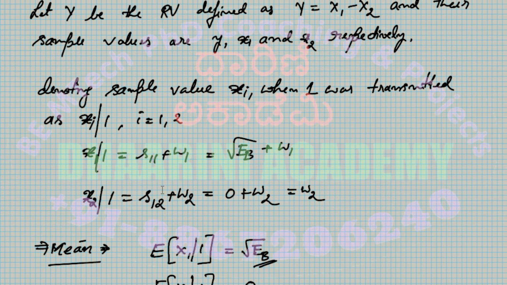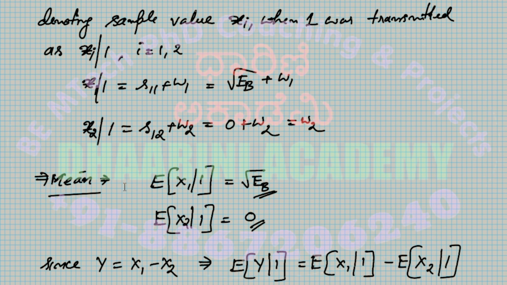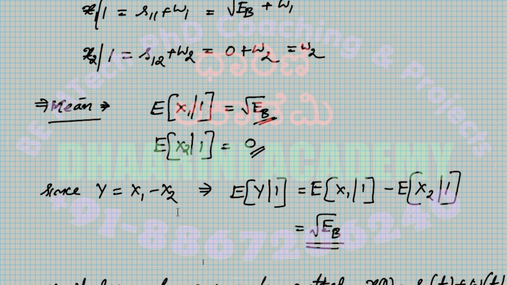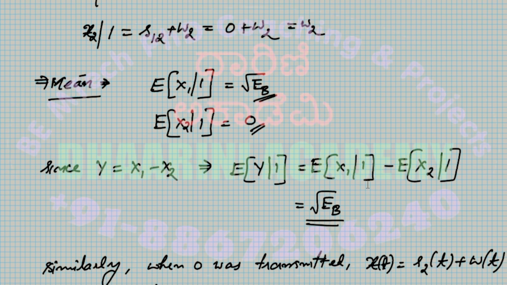Now I want to take care of the mean. Mean of the first one is root Eb, mean of the second one is 0. I have to club them together to get the Y. So Y is equal to x1 minus x2. If you want to calculate the mean of this Y, both of the means should be subtracted. So root of Eb minus 0, you get root of Eb.